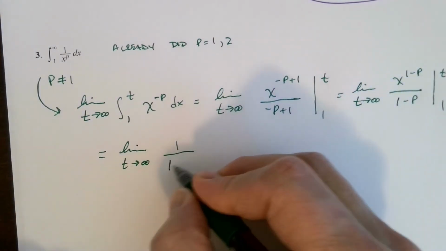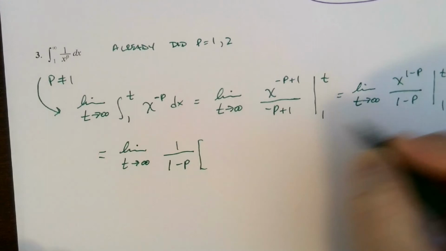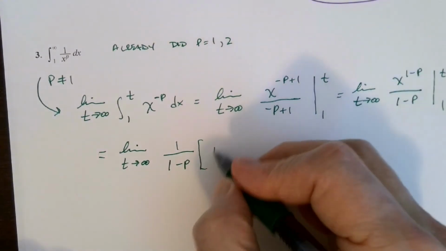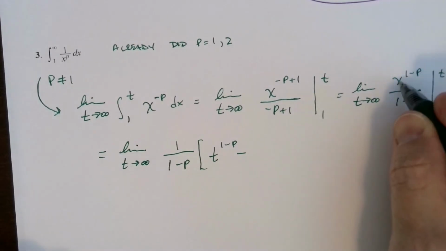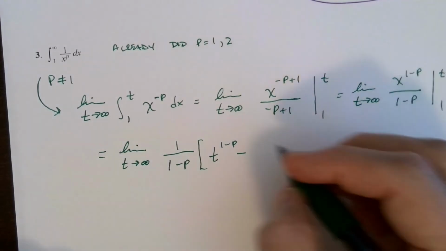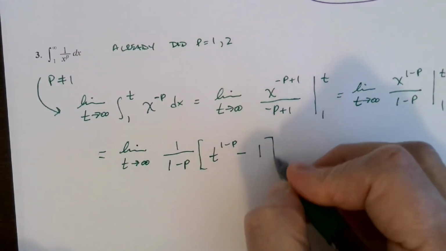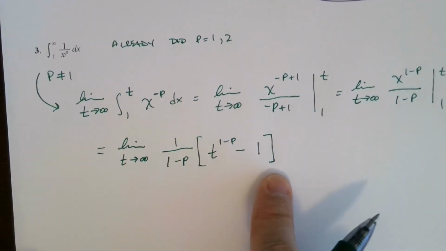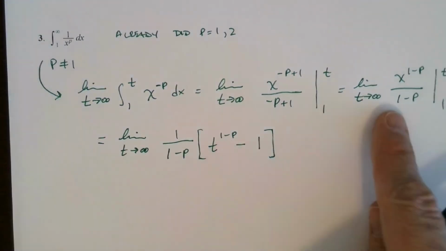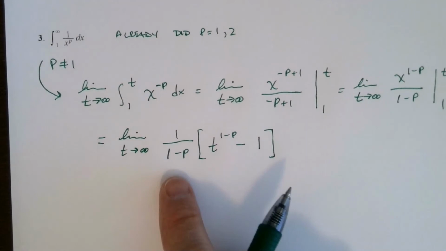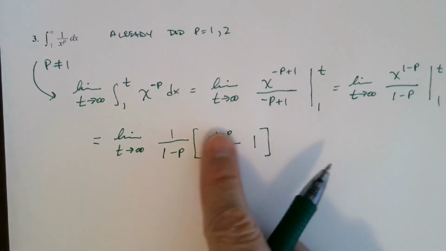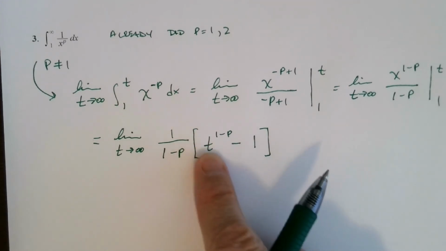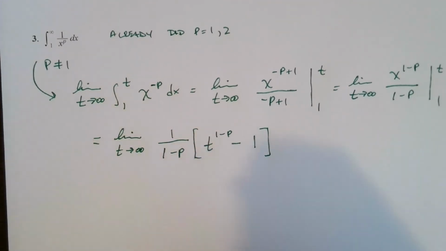Let me factor that out. And I'm left with t to the 1 minus p minus 1 to the 1 minus p. What is 1 to any power? It's 1, so we just get 1 there. So I've factored the 1 over 1 minus p out. The only thing that's changing as t goes to infinity is this thing. Okay? So let's take a look at that.